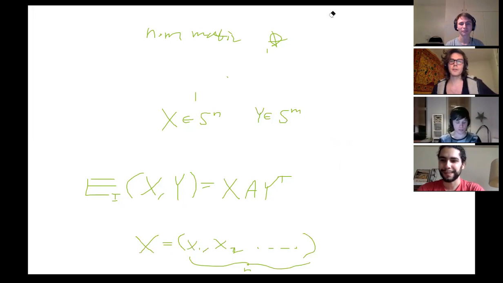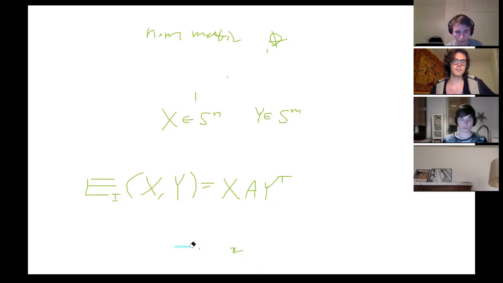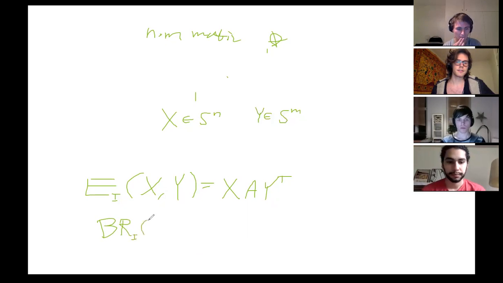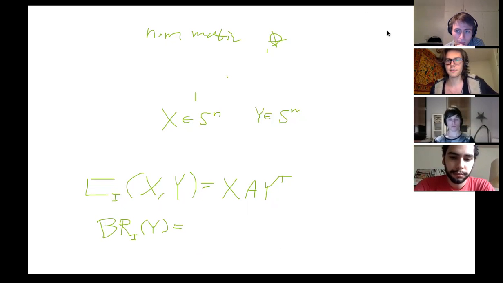So what we want to do specifically, as player one, because we're player one, we're the best, is figure out our best response to a particular strategy chosen by player two. That is going to be called BR of Y, with a subscript 1. So given a particular strategy, we want to, of course, maximize this basically.